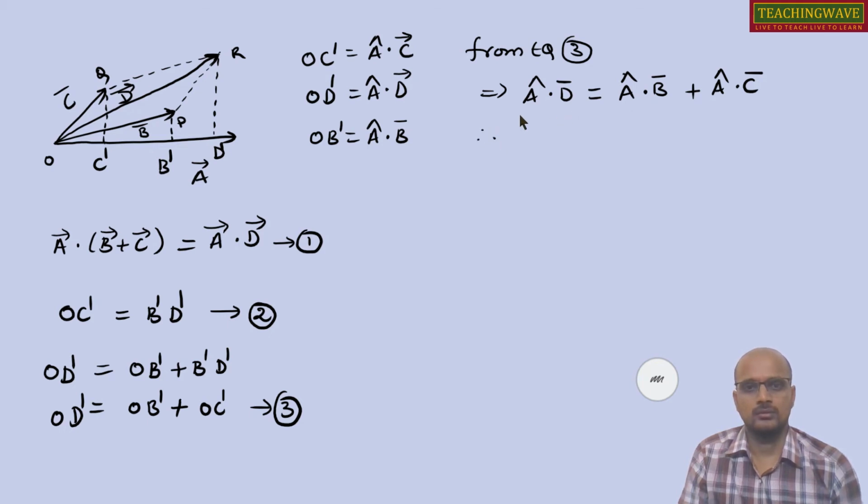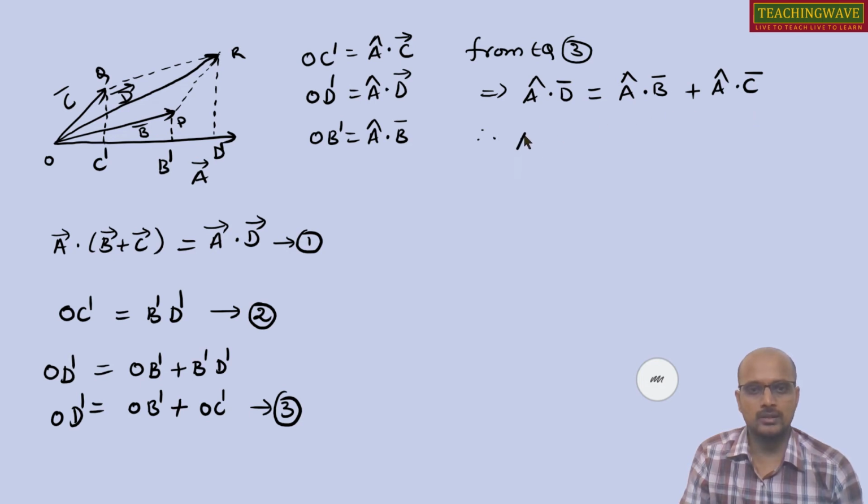Therefore, multiplying a cap dot d bar by the magnitude of a gives a bar dot d bar. Similarly, the right hand side is also multiplied by the magnitude of a. That means the entire equation is multiplied by the magnitude of the a bar vector.